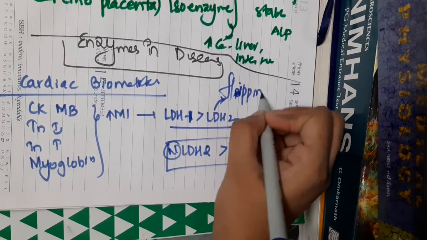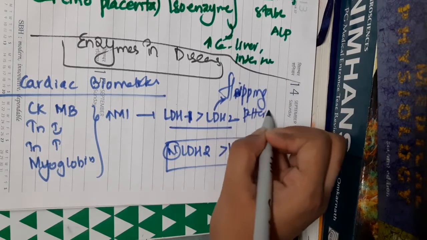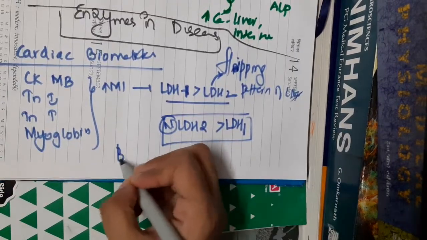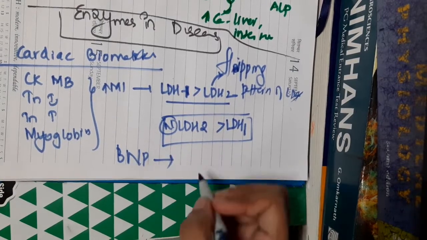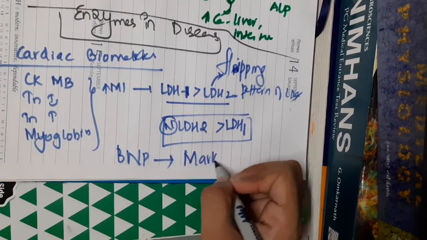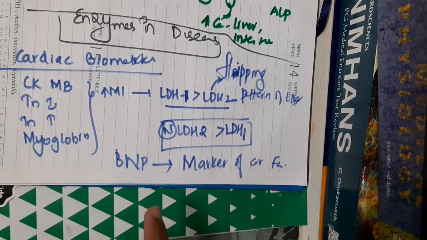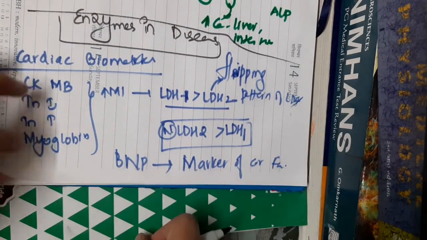This is called the flipping pattern of LDH. Now we have BNP. This BNP is brain natriuretic peptide, which is a marker of cardiac failure. So these are the cardiac biomarkers.